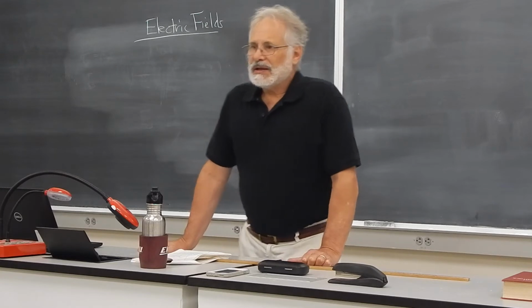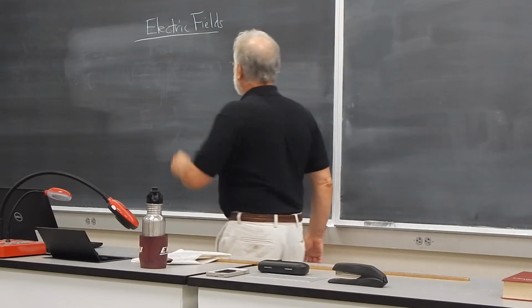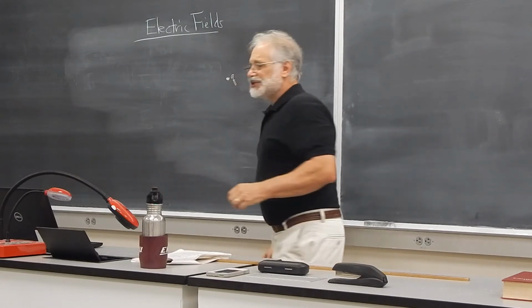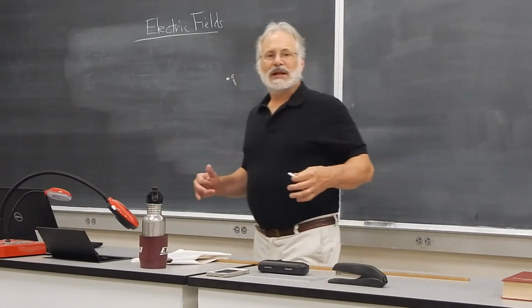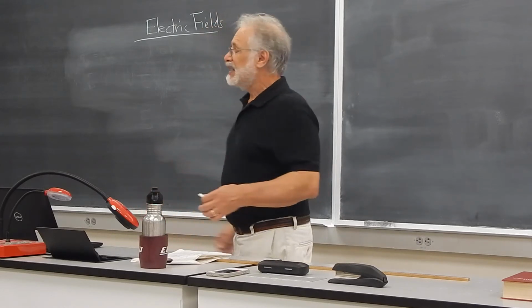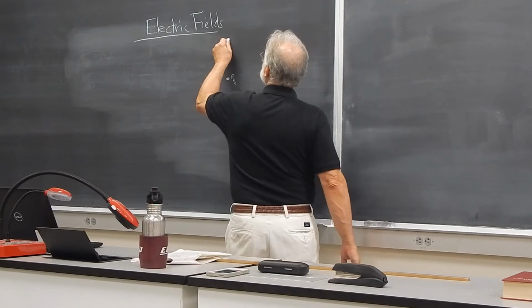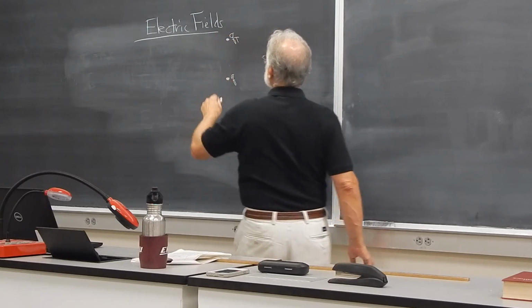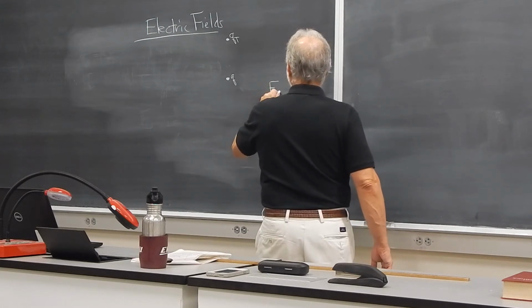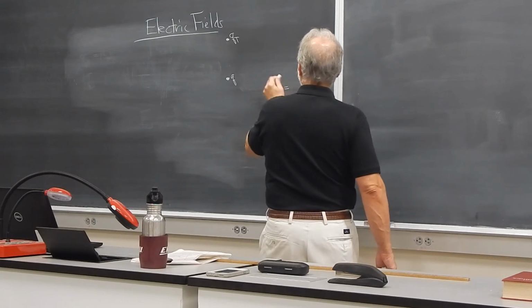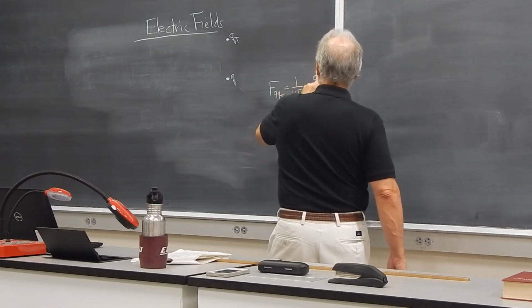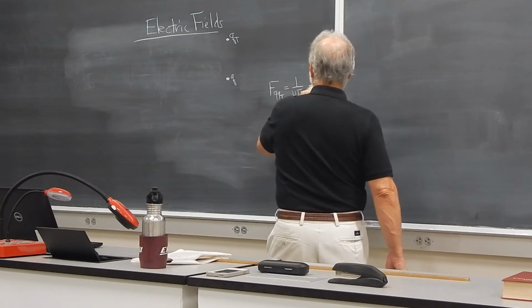What it means in this case is that if I have a point charge in space, let's call it Q, this charge will create an electric field such that if I put another charge in space, some test charge, Q sub t, the force on that test charge, Q on Qt, would be equal to 1 over 4 pi epsilon naught Q times Qt divided by the distance between.